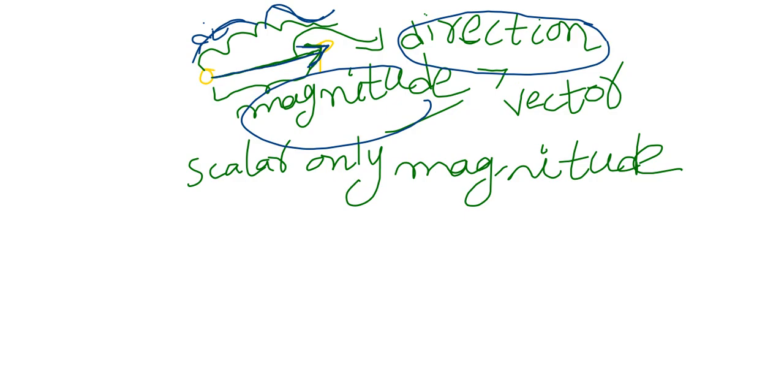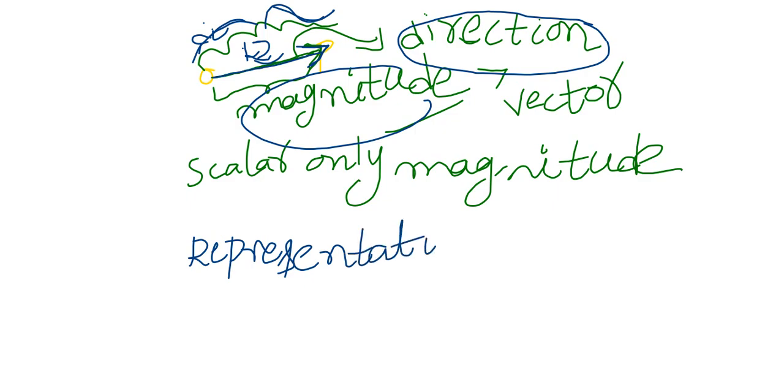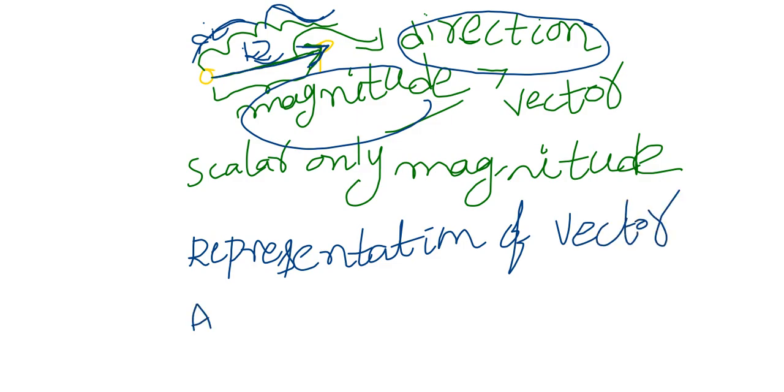Suppose that the fly moves from O to P. A vector is represented like this, with a bar.